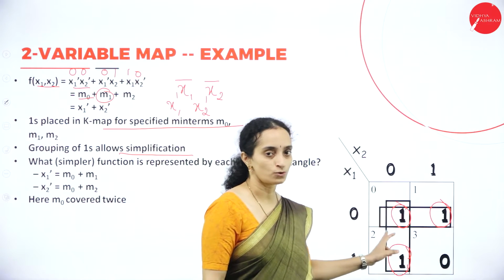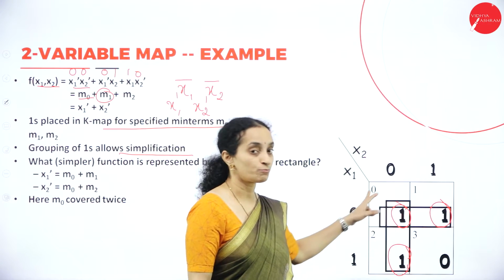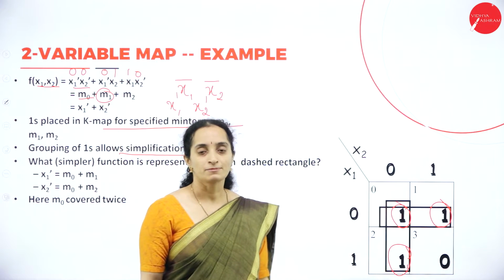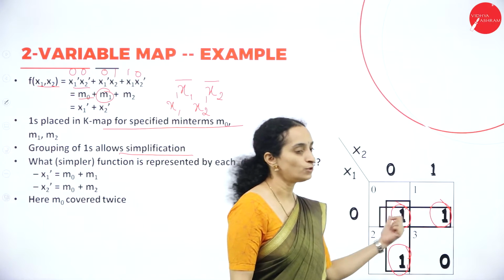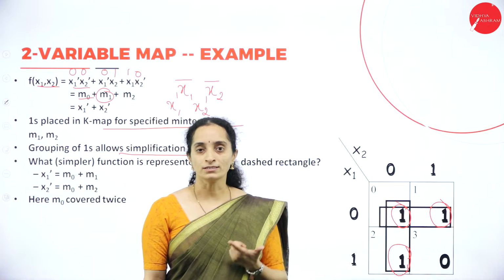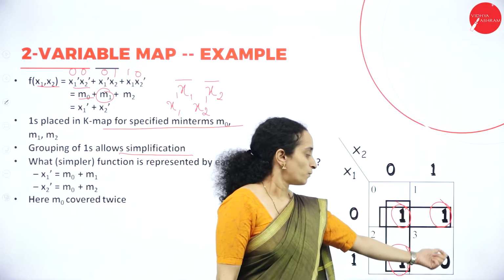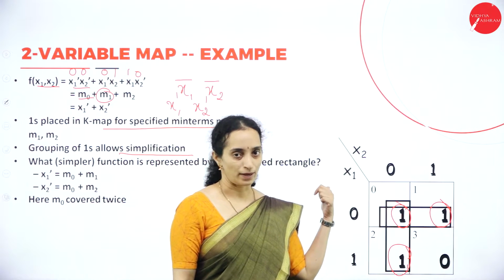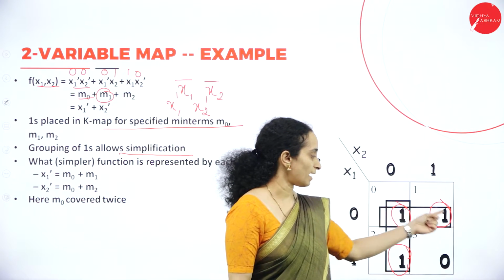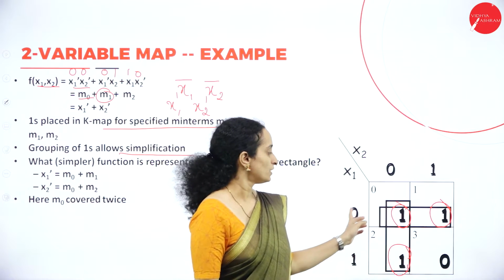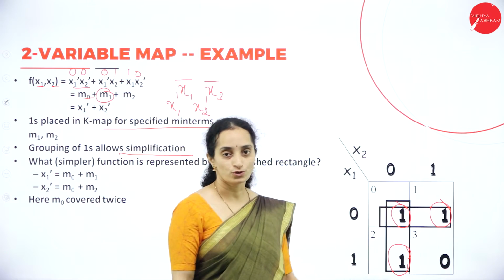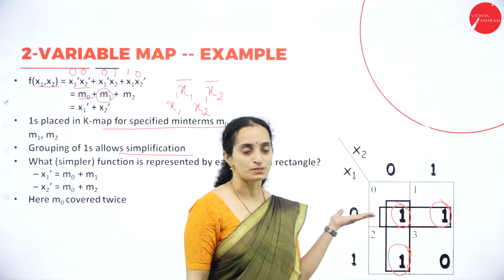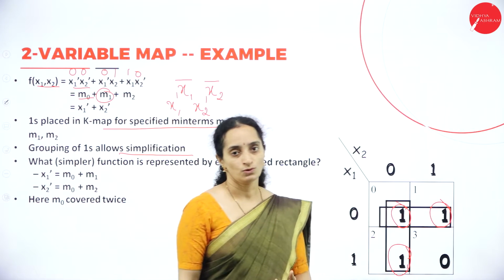You cannot make a group of 4 ones because the last cell has the value 0. That means you must have 3 ones, so you can make groups of 2. There is no way you can minimize the number of groups; you must have 2 groups.